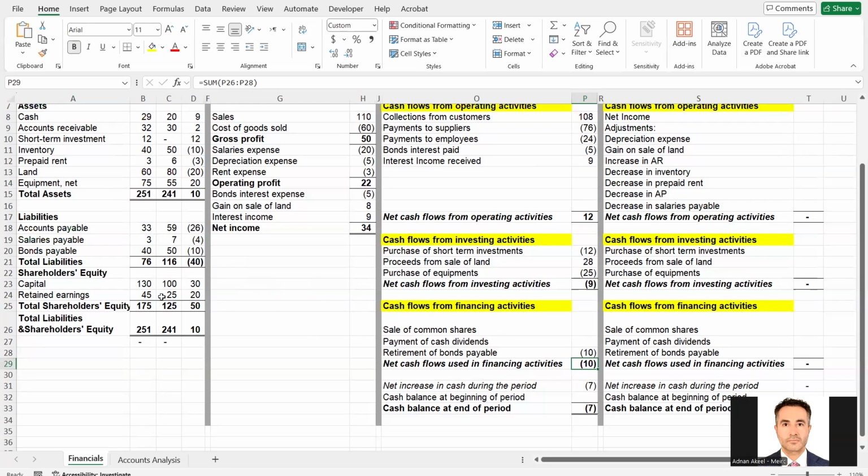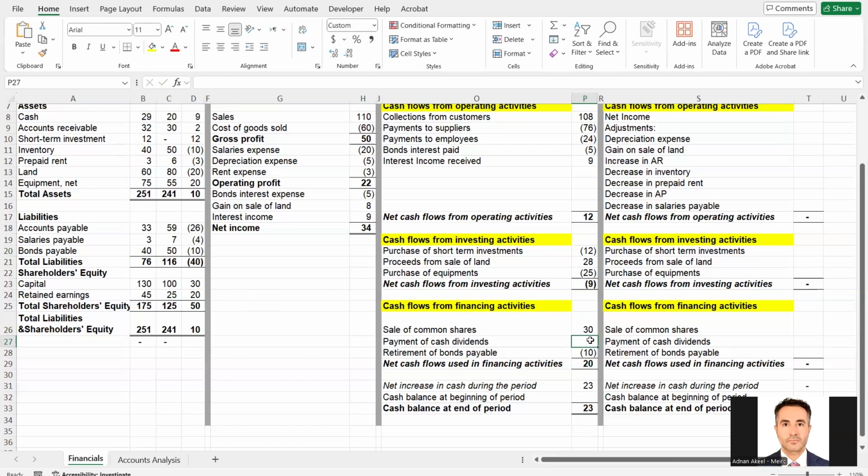Now, if I look at my capital, I started the year with 100 million and ended the year with 130. Logically, I have increased my capital, issued new shares, basically sold these shares and received the cash. So sale of common shares equals the amount of the share capital increase.